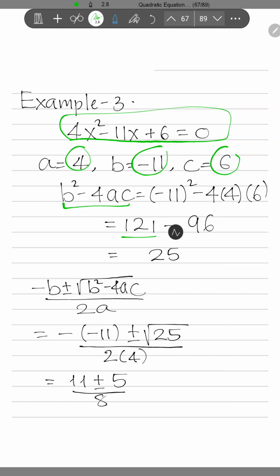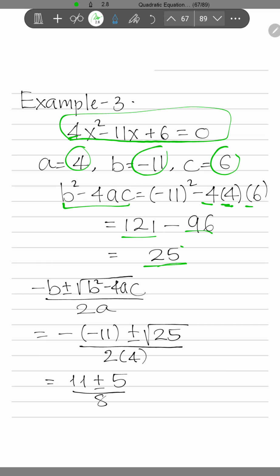Minus 4ac: a is 4 and c is 6, so minus 4 times 6, which is 96. 121 minus 96 is 25. Now b squared minus 4ac is 25.